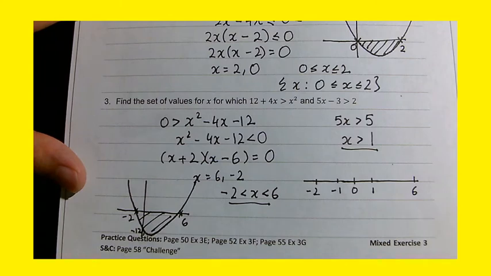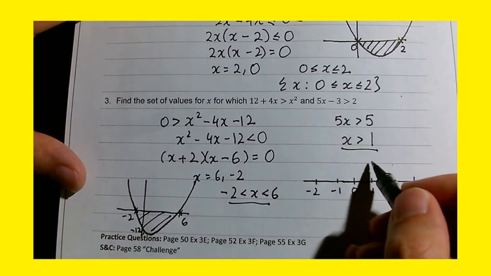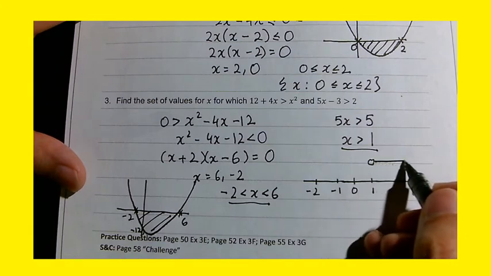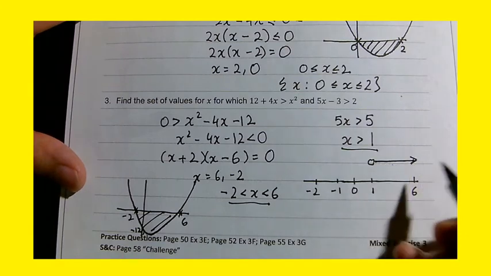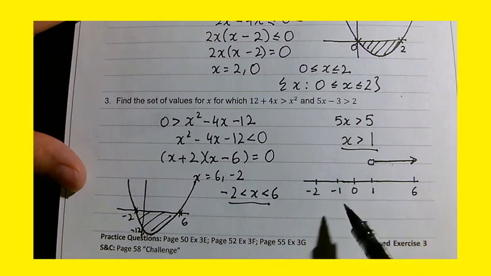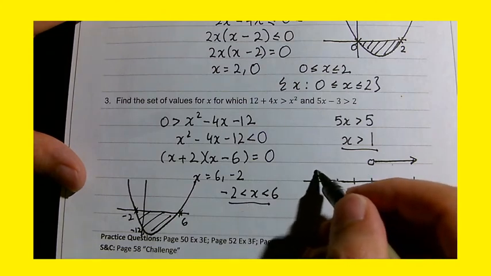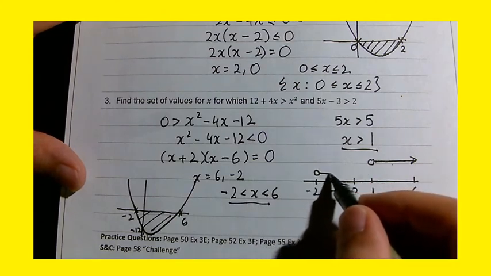I'm going to draw two different lines on this number line. The first one is everything greater than 1, but not equal to 1. I'm sure you're familiar with this symbol, the white dot signifying not including. Then we've got everything between minus 2 and 6, but not inclusive.